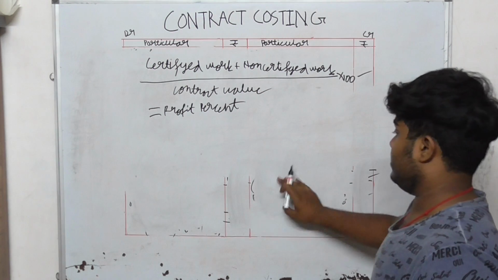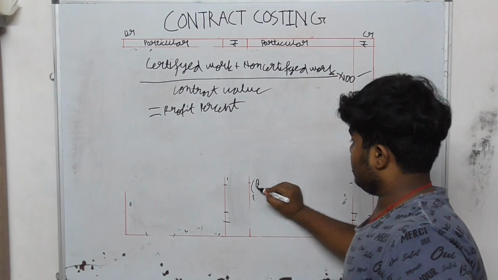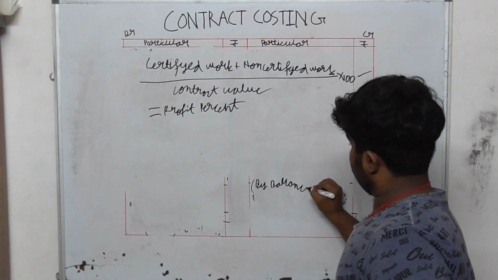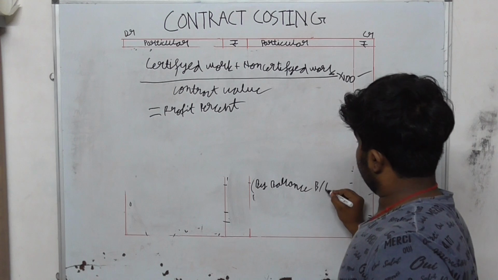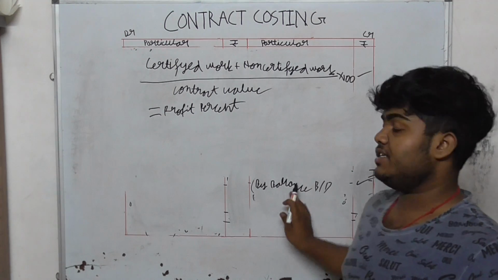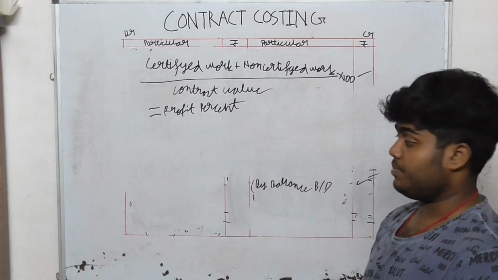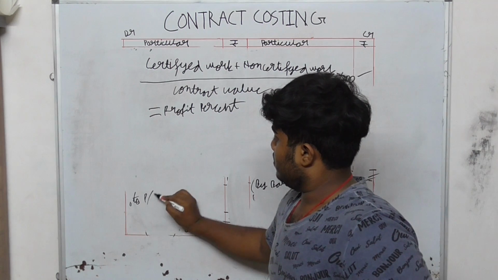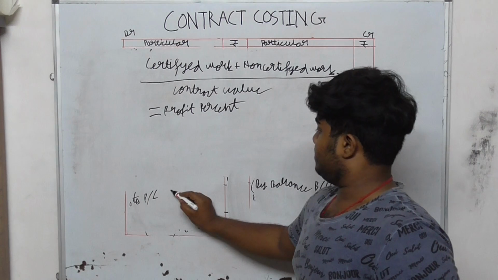Then we will take the balance here by balance BD. The balance sheet is the profit. Okay, the notional profit, and then there is the profit and loss account.